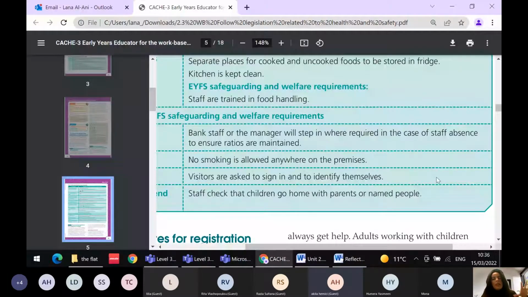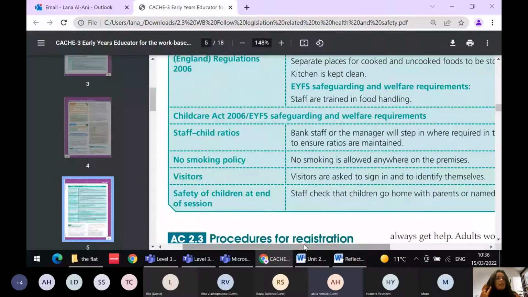The ratio of children to staff should be good. And the bank staff are always there. So if one of the staff feels ill or cannot make it that day, absent for any reason, then we call the bank staff, to make sure that there are good ratios for staff and children.